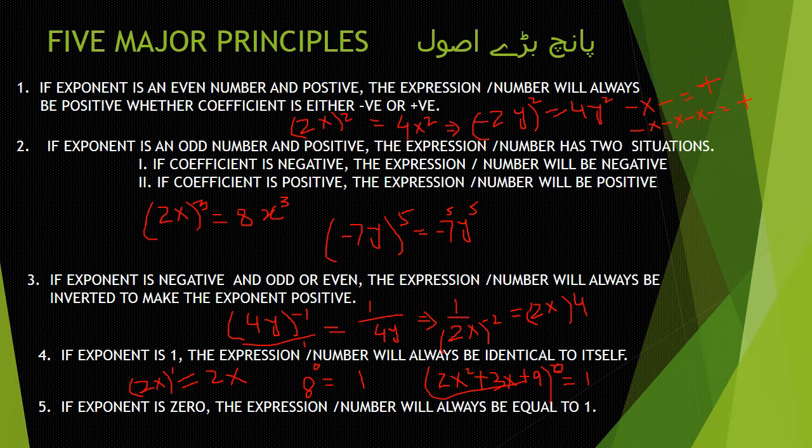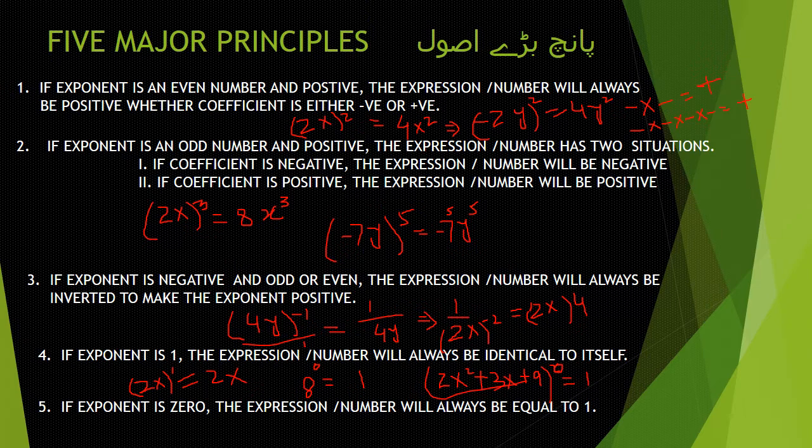Now this 4y is in the numerator because there is 1 in the denominator. But if I invert this, I bring the 1 up and 4y down, so the power will become positive. In this manner I can make the power positive.